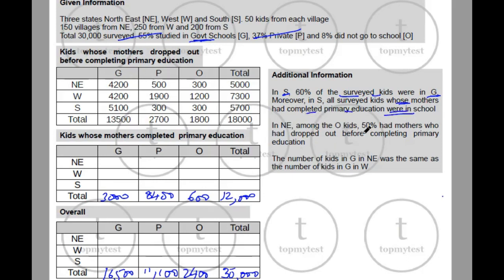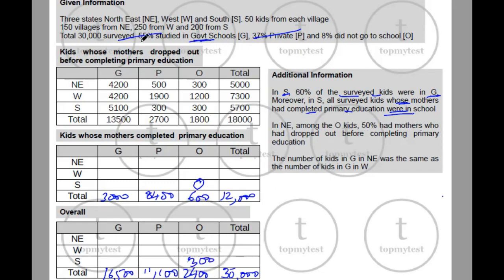Anyone whose mother had completed primary education was in school. So this total will be 0. So this will be 300. Again 300 plus 0, this will be 300.